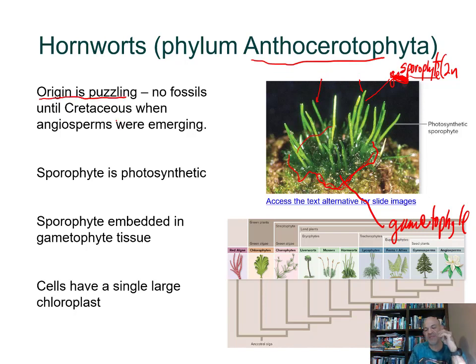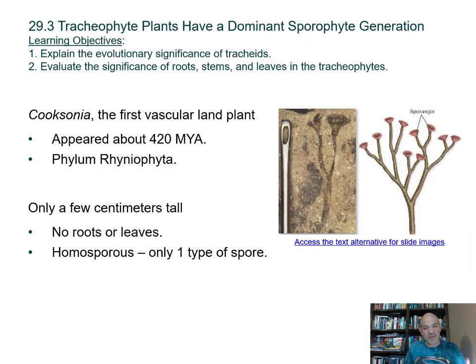Their origin is puzzling because they don't find any spores in the fossil record until the Cretaceous, whereas those for the other non-tracheophytes, which we call overall bryophytes, and then there's the formal Bryophyta, formal taxon. But generally, they all evolved much earlier.